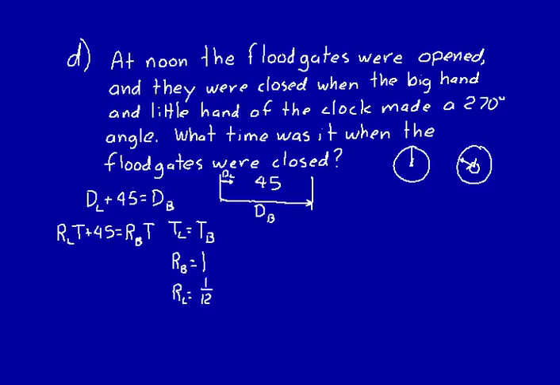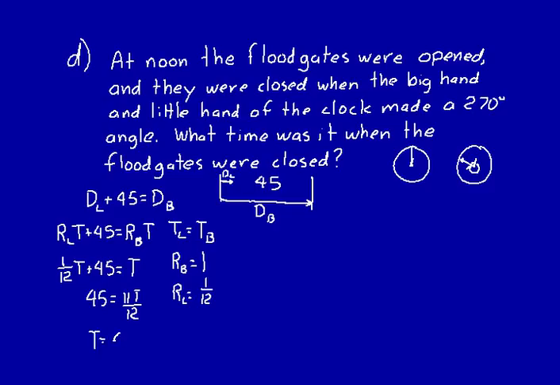So let's go ahead and substitute what we know into our rate equation. The rate of the little hand is 1/12 times the time plus 45 is equal to the rate of the big hand, which is 1 times time. Subtract 1/12 t from both sides and you end up with 45 is equal to 11t over 12. Multiply both sides by 12 over 11.